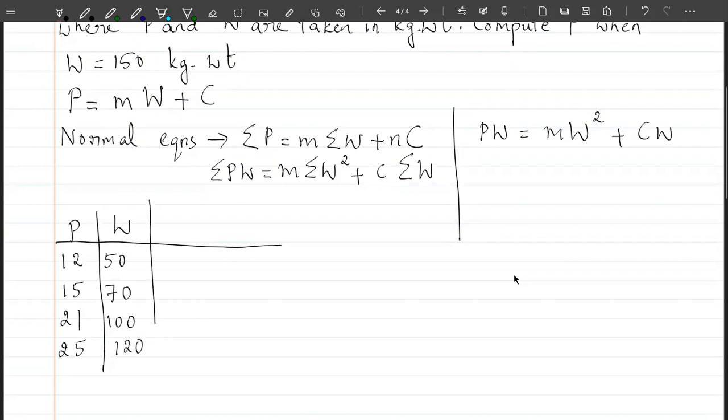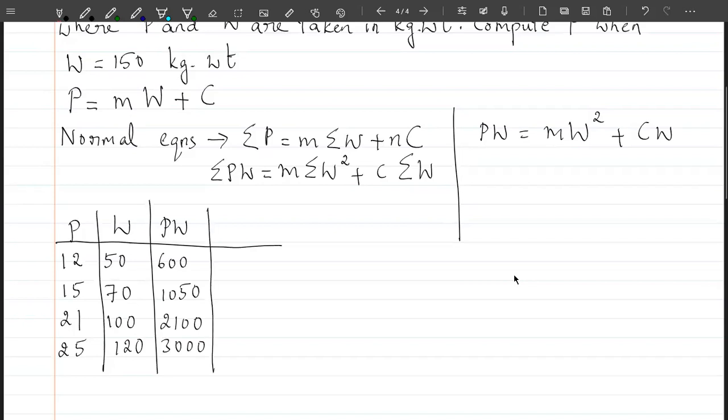The next column is PW. So multiply these two values here, you get 600, 1050, 2100, then you get 3000.